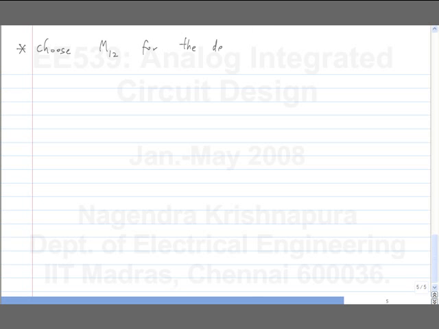You source the desired bias current from M12 and you choose M11 for the desired GM, given the load.